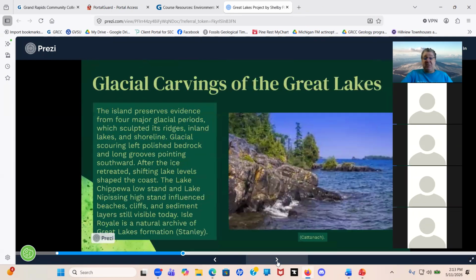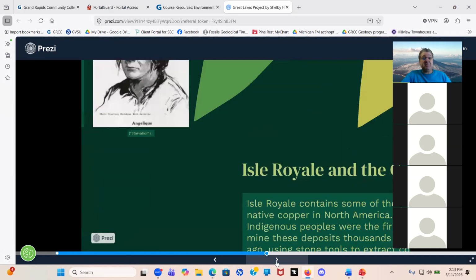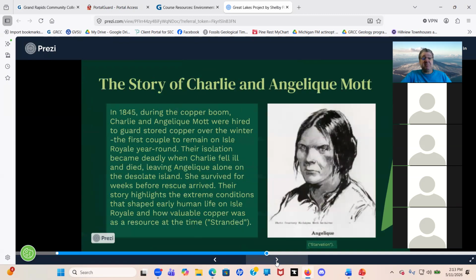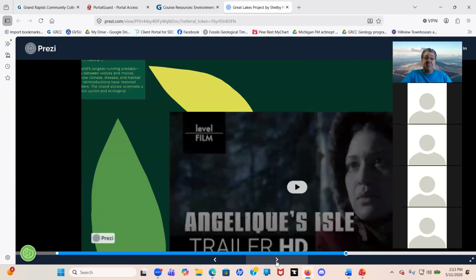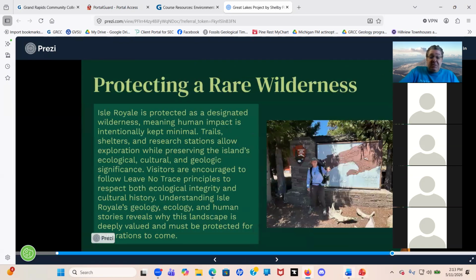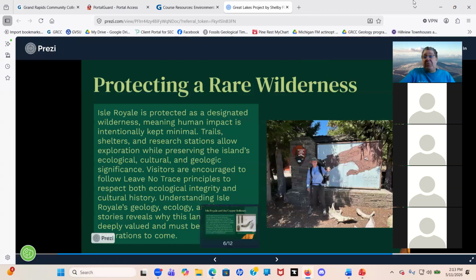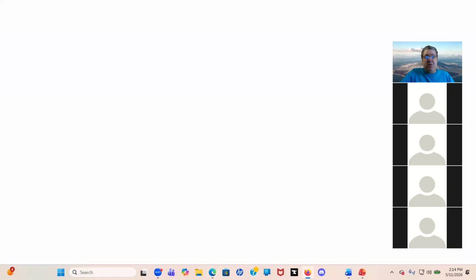And they make it a little more active and engaging. Those are just a few examples of the things you could do for projects. And of course, that's not all the examples. I do have more on our Canvas page as well.